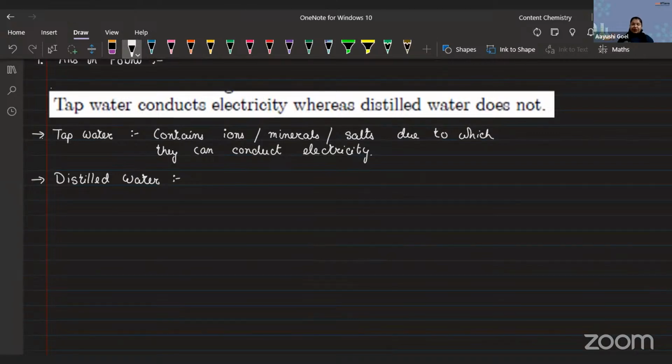Okay. There's one more thing. When I'm writing the answer, sometimes I forget what I'm writing, or sometimes I make a spelling error also. So I have to understand that portion as well. So let's say I'm writing distilled water doesn't contain any iron.